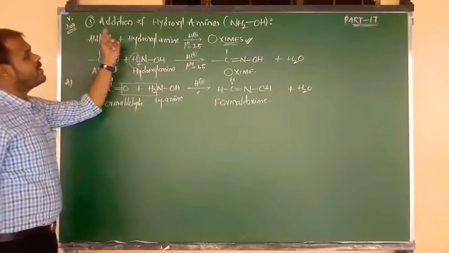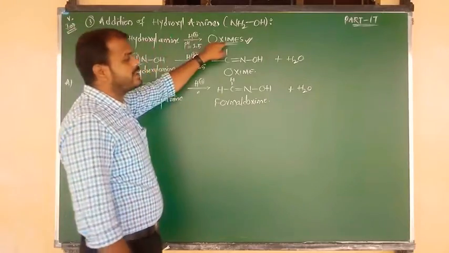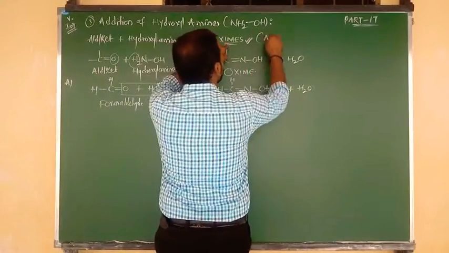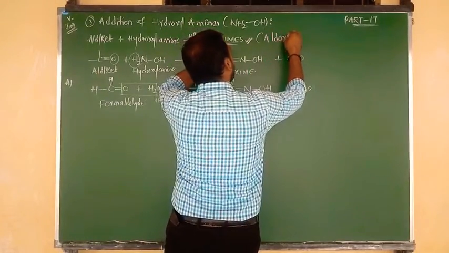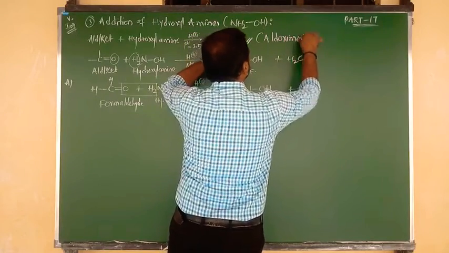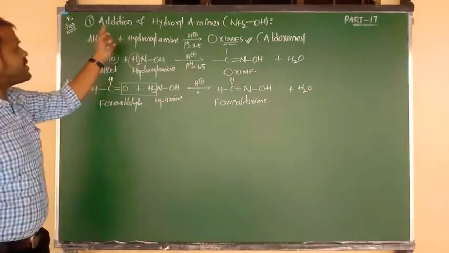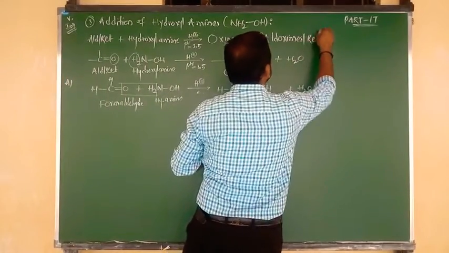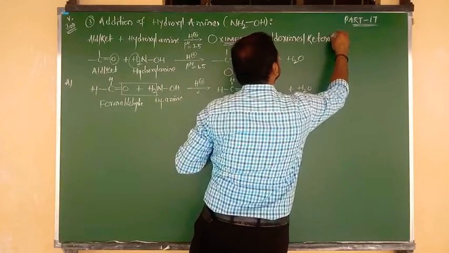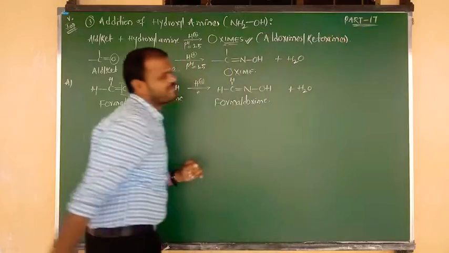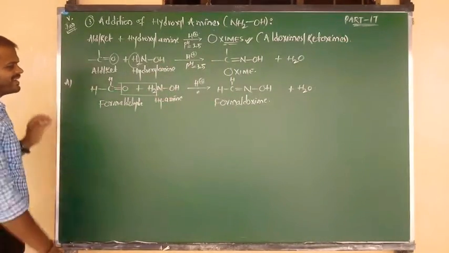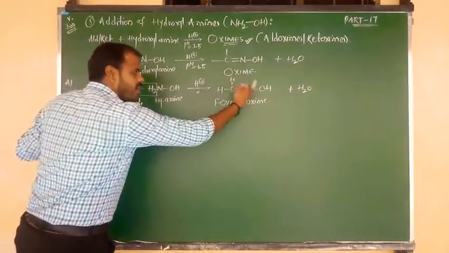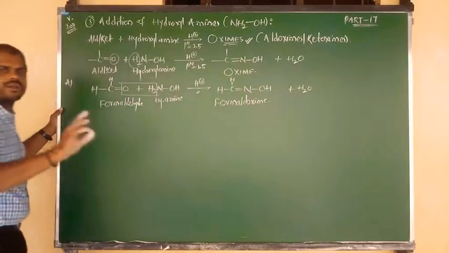So aldehydes on reaction with hydroxylamine give oximes, which we have to call aldoximes. And ketones on reaction with hydroxylamine give oximes, but which type? Ketoximes. Like that we have to remember the products, Nana. Okay? Right.